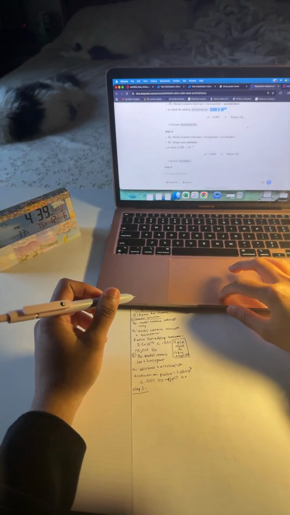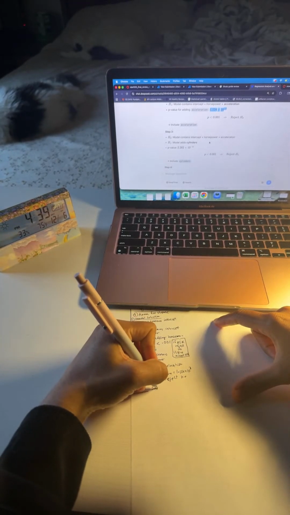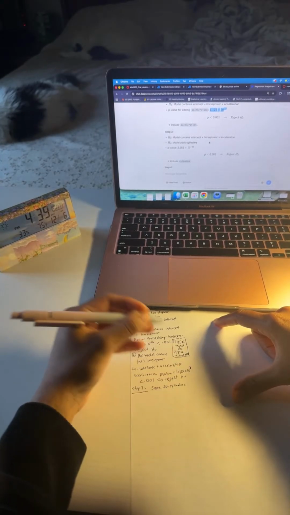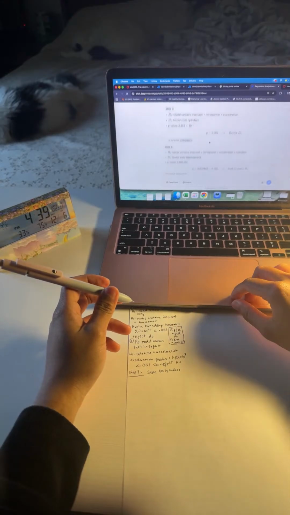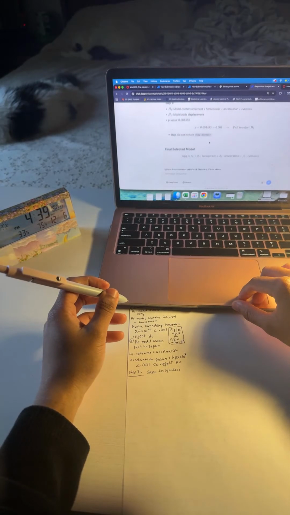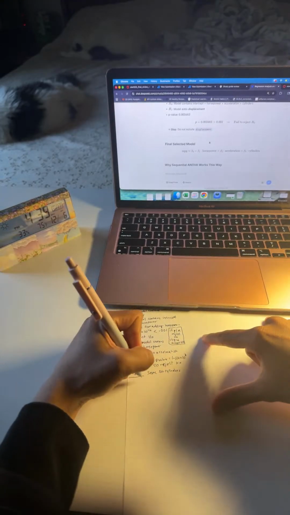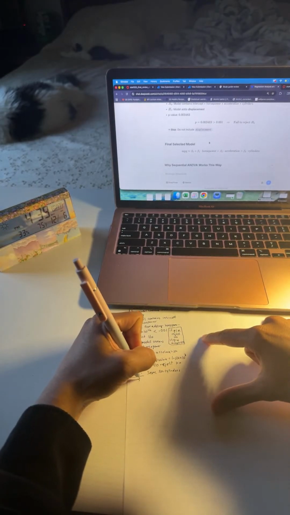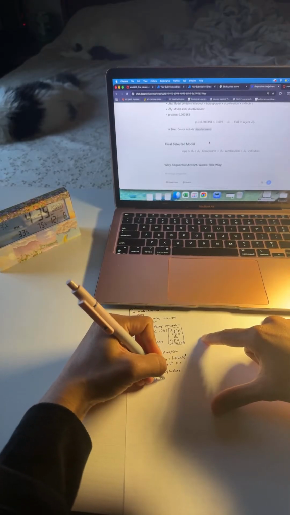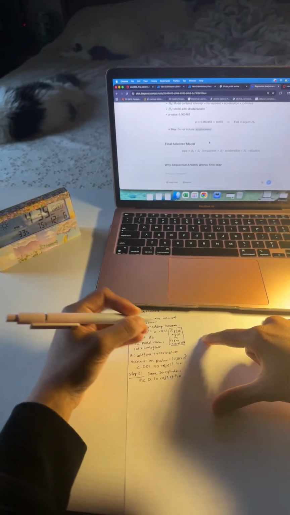Step 3, add cylinders. And then reject H0. P is less than alpha, so reject H0.